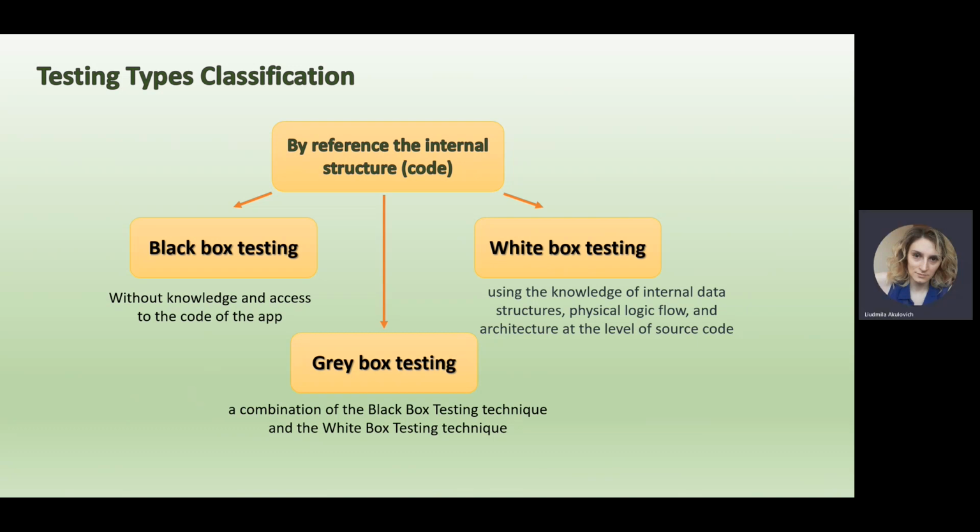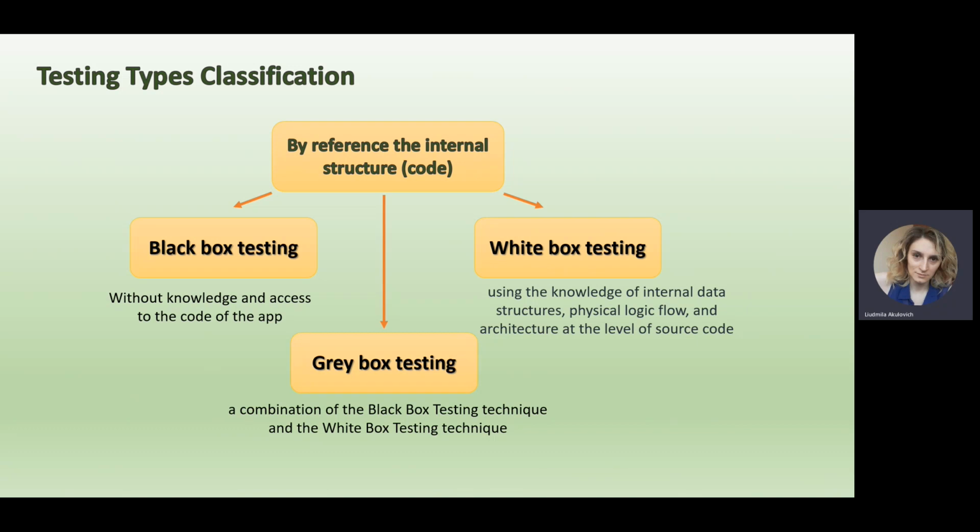White box testing is a way of testing when testers have knowledge of and access to the internal structure. So I understand the physical logic flow, I understand the code and the architecture of the application, and I've got access to the source code.